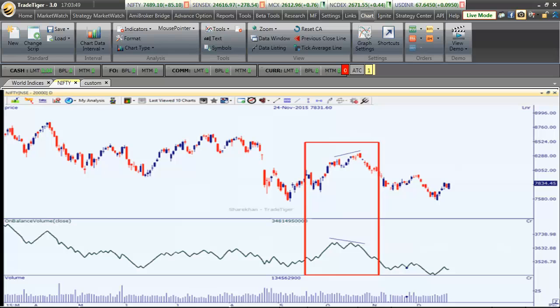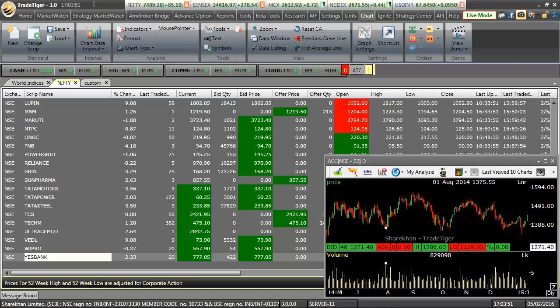Since it was showing a sideways movement, price started dipping down, and since that point the index has started falling down. So these are the divergences that we can look for. We can capitalize on these divergences. Of course, we can wait for some time to confirm the reversals in the price movement, and we can make timely decisions.